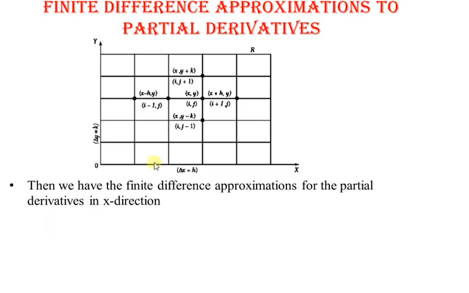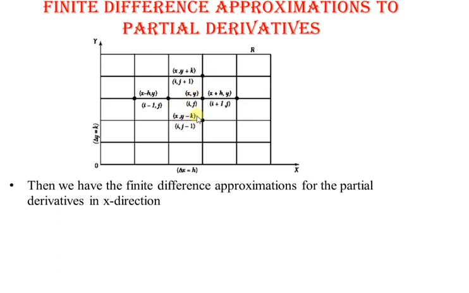If we consider any nodal point, it will be denoted as x comma y. The next value we denote as x plus h comma y, and the previous value in the x direction as x minus h comma y. The same in the y direction: the next value will be x comma y plus k, and the previous value will be x comma y minus k.